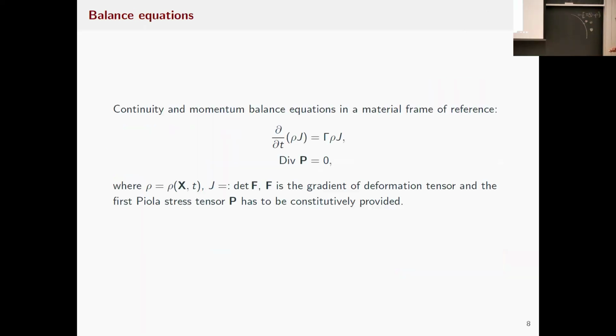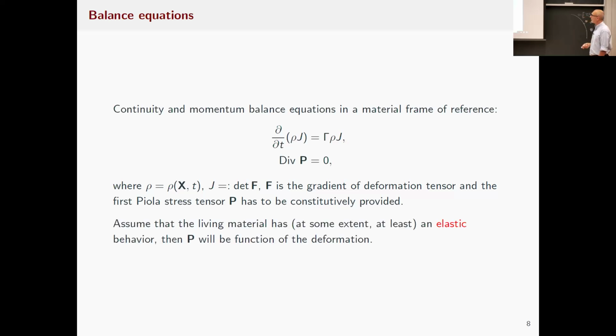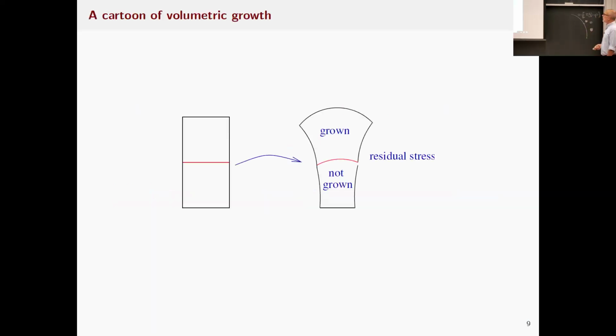Okay, let's go to the modeling. I write down the usual equations for conservation of mass and balance of forces. I don't know if you have some confidence with this, but the basic idea is that the stress depends on the strain versus some configuration. Which configuration?